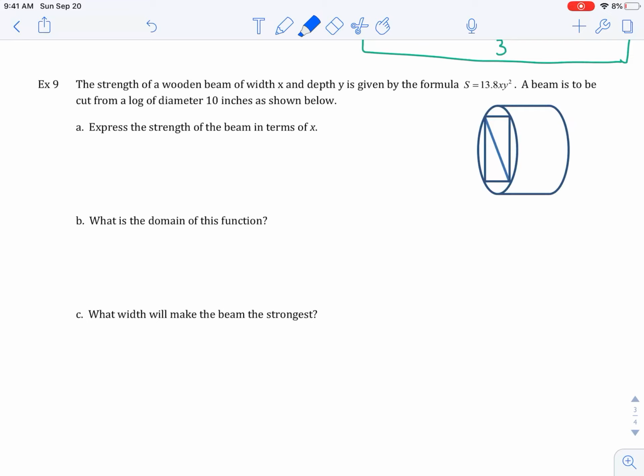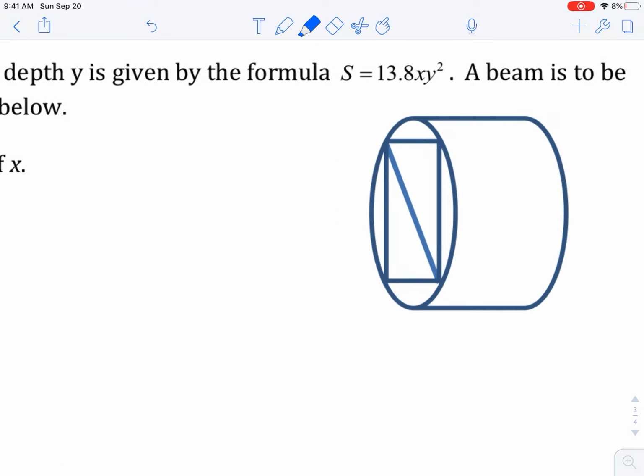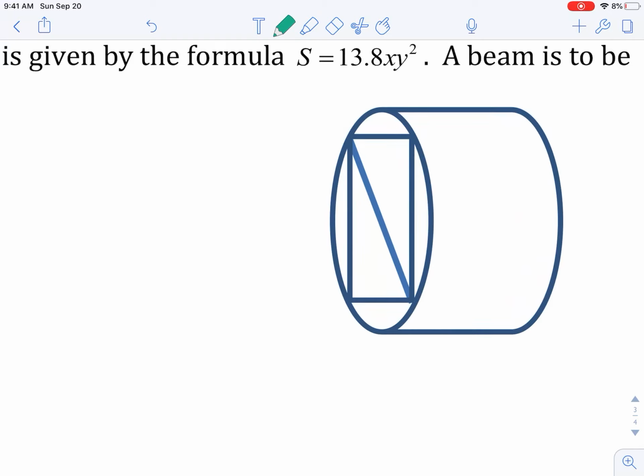Okay, there's a lot that was given out right now, so I'm going to, like always, label my diagram. That should always be your first step, okay? Break it apart. So I'm going to say my y value is my length. The bottom, I'm going to say that's my width, my x.